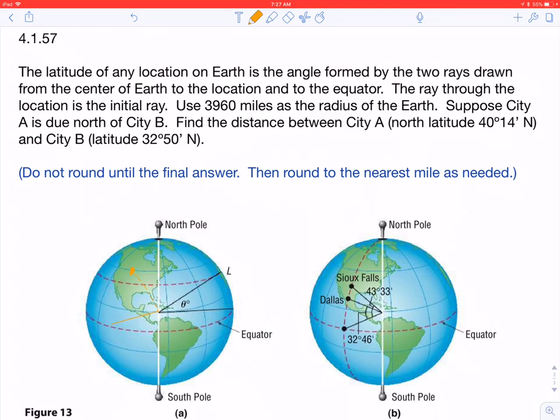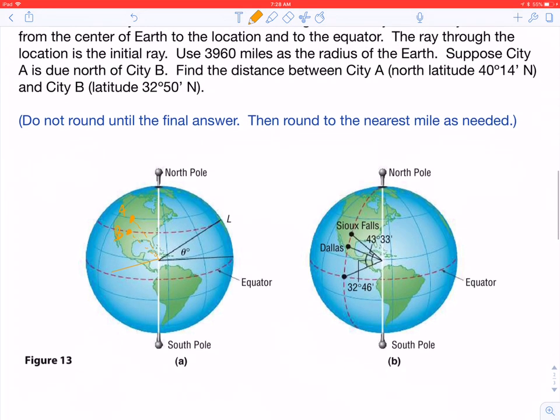Then you have a second city, city B, say it was down here, and it also forms an angle. If we want the distance between the two cities, we can find the measure of the two central angles formed by the two cities, and then subtract the two. That's essentially what's going on, like if this was A and this was B.